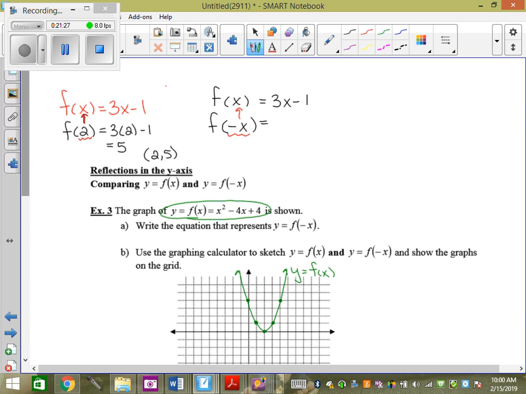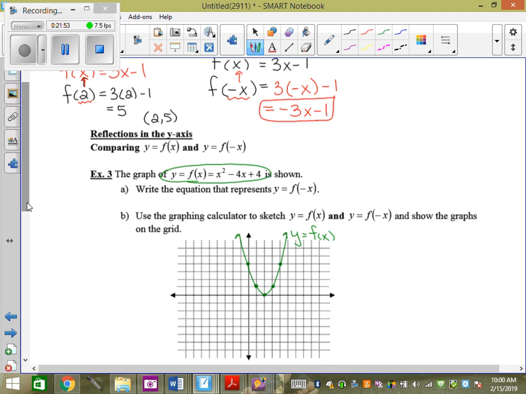So what am I going to do? Replace all the x's with negative x. I'm going to go 3 times negative x minus 1. So I'm going to get negative 3x minus 1. What you don't know is I actually just made this graph reflect in the y-axis because I replaced all my x's with negative x.